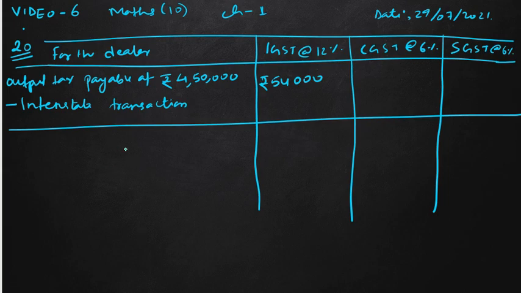This is also output tax, just as for the 4,50,000 sold to Chennai. Again he sold other goods worth 6 lakh within Delhi, so he will again pay output tax, payable at rupees 6 lakh.